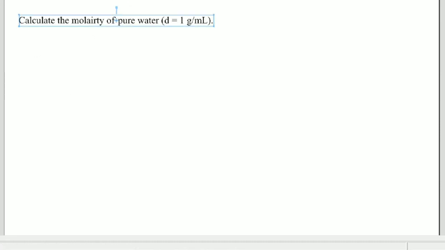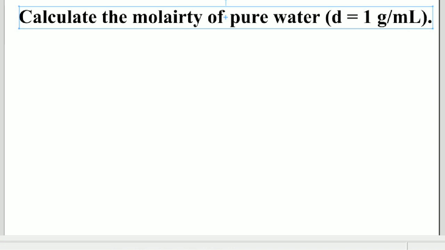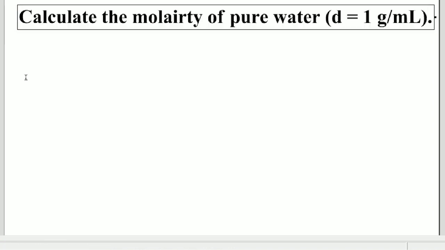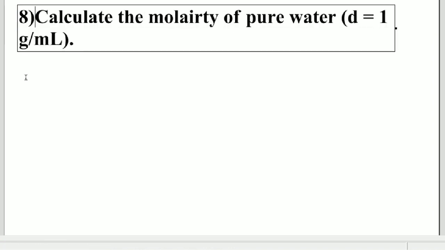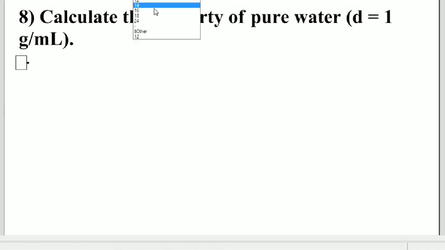Water is the only component present in this solution. This is problem number 8. Now we can see the solution.